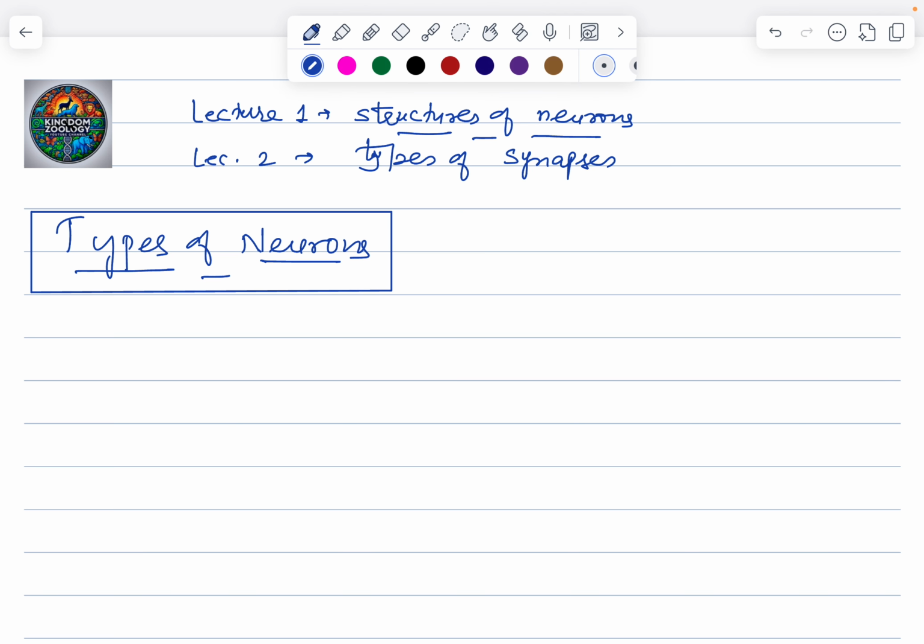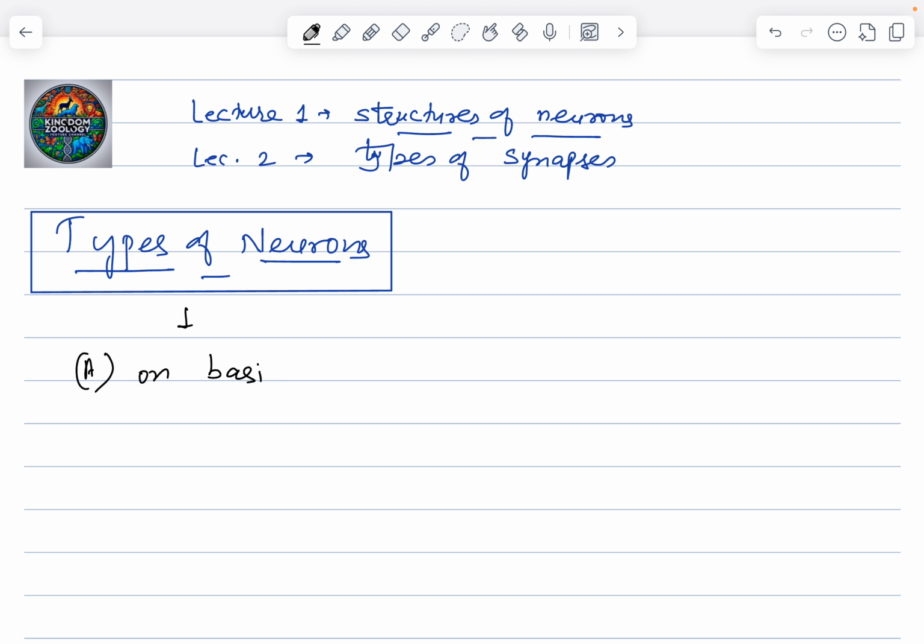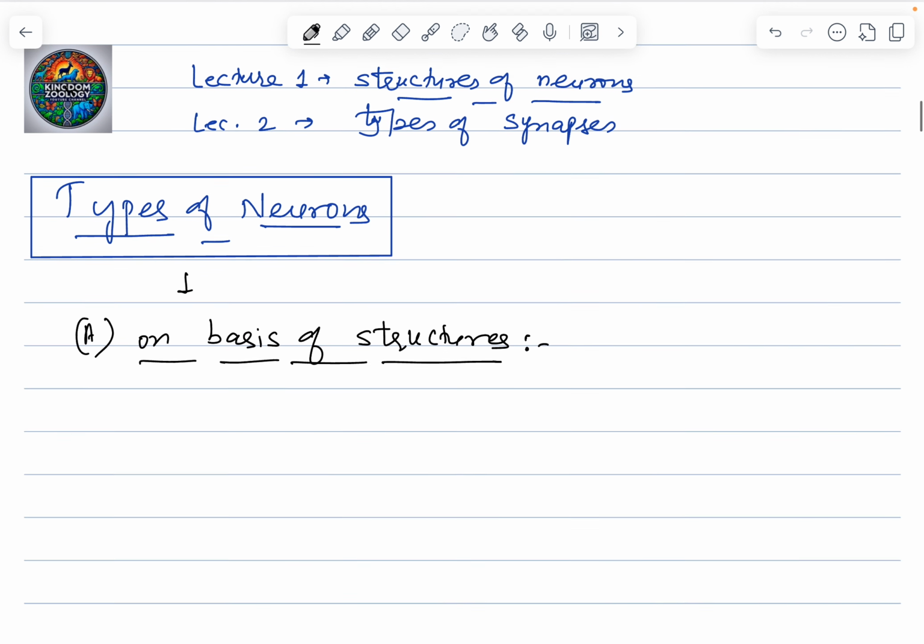So now let's take up the different types of neurons, first on the basis of their structure only, because that structure which we discussed in lecture number 1 was called a typical structure of a neuron in the body. But is it true that every neuron has exactly that kind of a structure? In reality, no. So types of neurons on the basis of their structure, because there will be a lot of variations. So let's divide the neurons on the basis of structure.